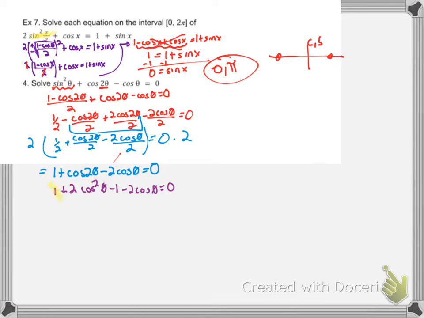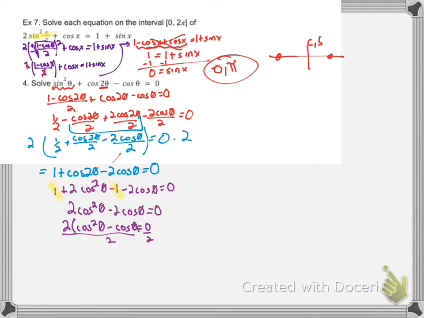Common terms here are 1 and -1. They cancel out. I'm left with 2 cosine squared theta minus 2 cosine theta equals 0. We can factor out a 2. Divide both sides by 2.